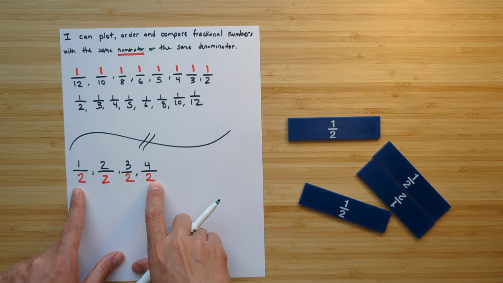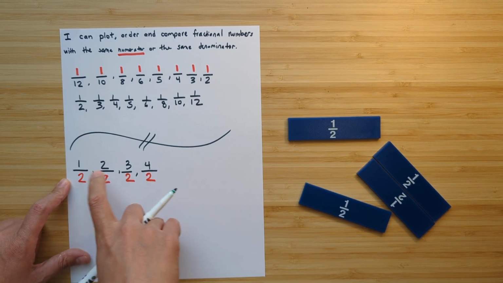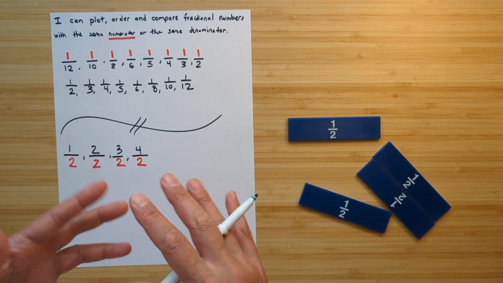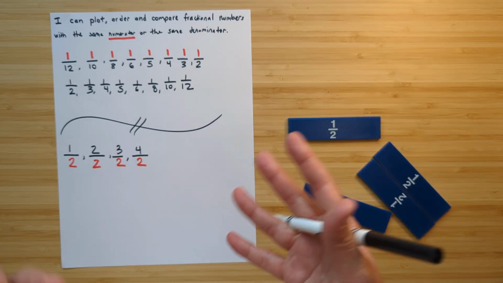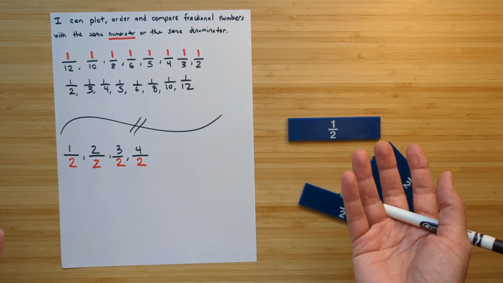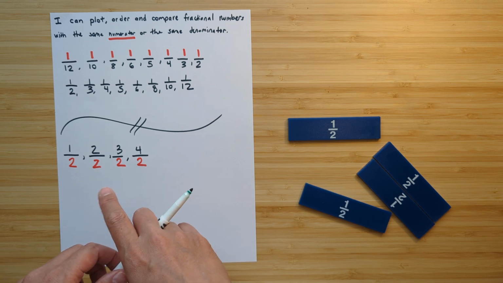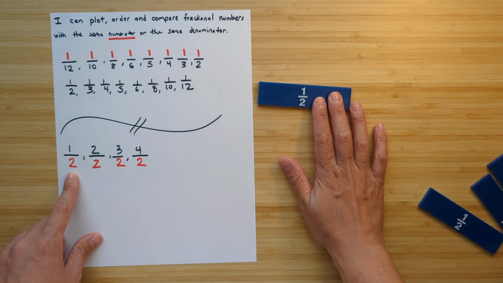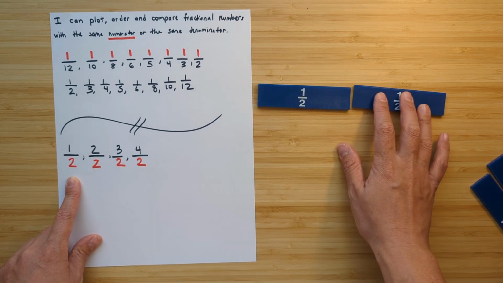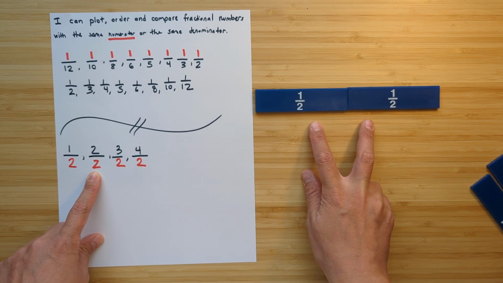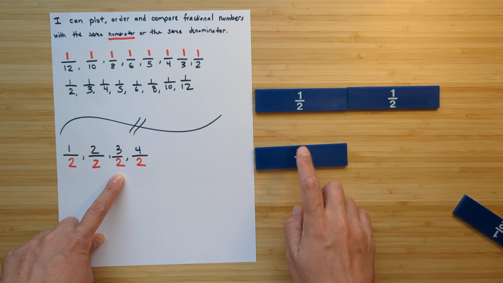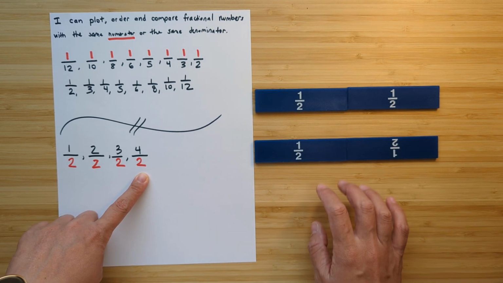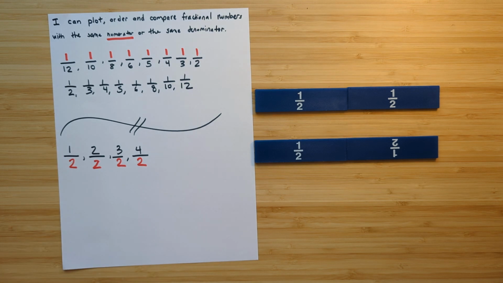Now, if the denominators are the same, looking at the numerators, you can tell which one's the greatest to the least just by thinking of it as the common way of like the larger the number, the larger the fraction, if the denominators are the same, because they're talking about the same size. So this is 1/2, right? This is 1/2. This is 2 halves. This is 3 halves, and this is 4 halves. So 4 halves is the largest value.